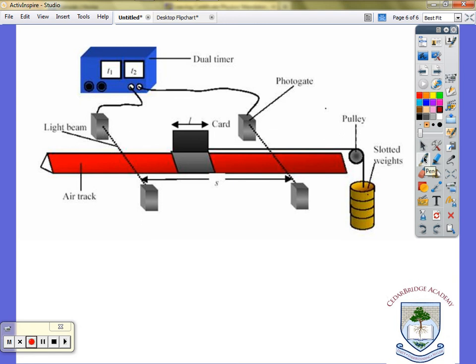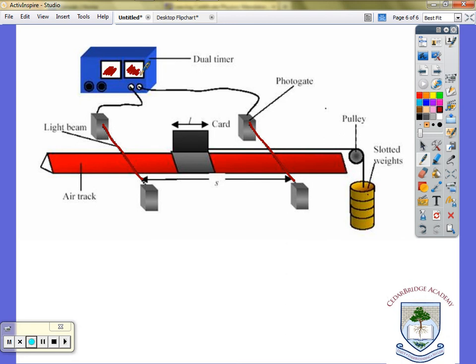It's 2 different laser beams, and when the race car or the card or your finger or your hand, whatever, cuts the first laser beam, it starts the timer, and then when it cuts the second laser beam, it stops the timer, and you should be able to work out small intervals of time. Light gates are a new one. That's for something that you can't make go multiple times. So be aware of that.